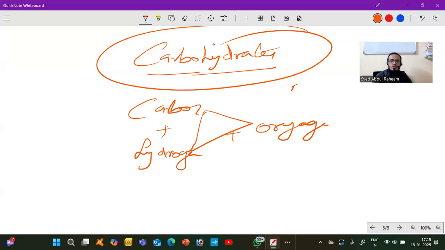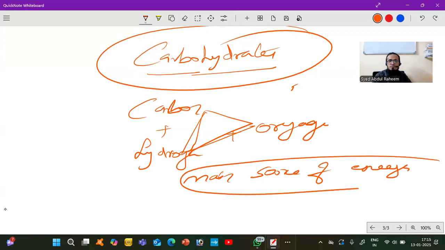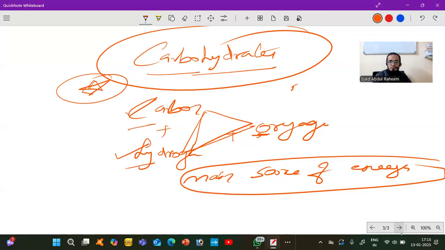Whenever you remember carbohydrates, you know they have carbon, hydrogen, and oxygen. This is very important, and it is the main source of energy. Our body gets energy from carbohydrates only. These three are very important for our body.